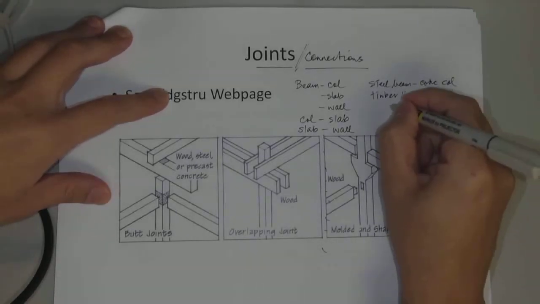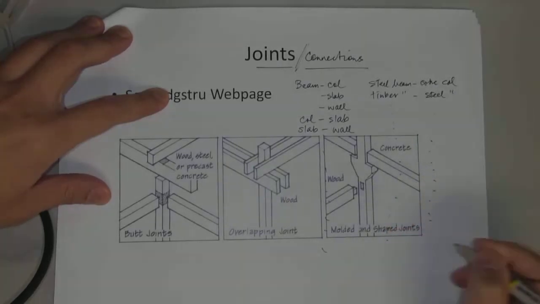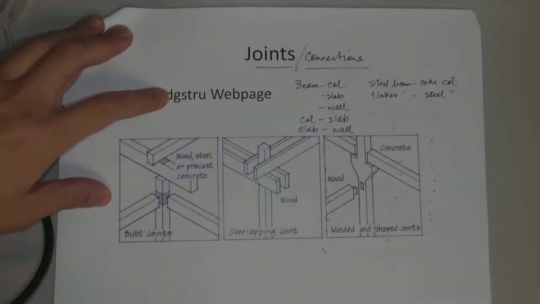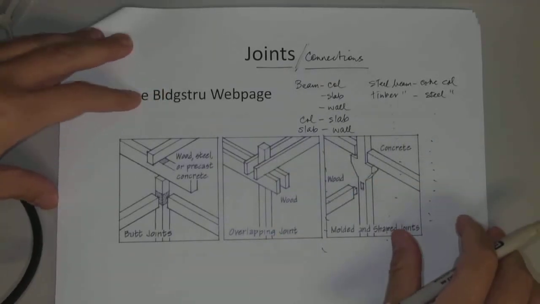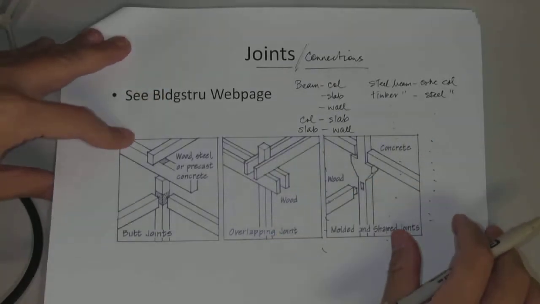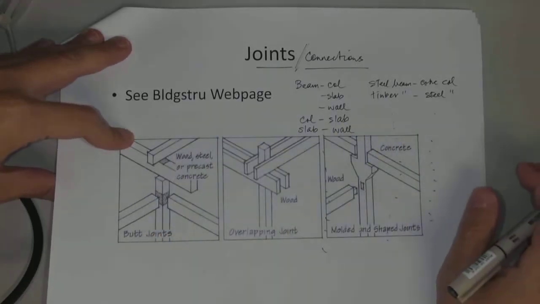And you can repeat this list, and this list go on and on. So there are many types of connection in construction. But in structure, we don't try to classify all these connections, otherwise it will be just too complicated.